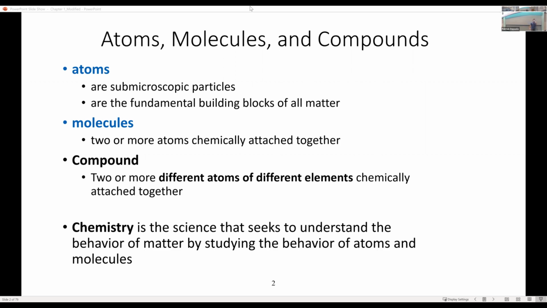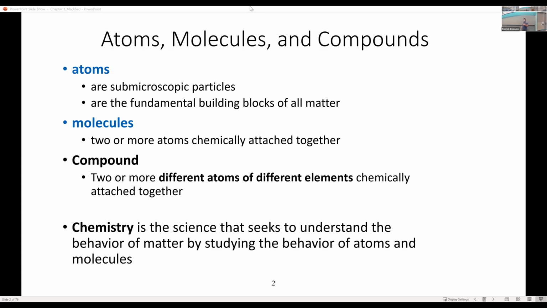Then there is a subset of molecules. This term is called a compound. A common thing is, for some people that don't take chemistry, maybe they don't know what the difference is between a molecule and a compound. Now a compound is when you have two or more different types of atoms, or two different types of elements, that form a chemical bond.